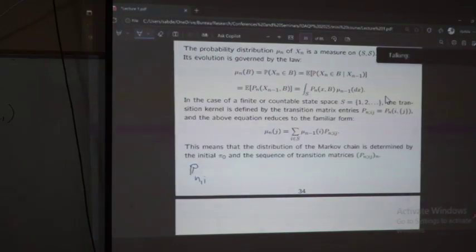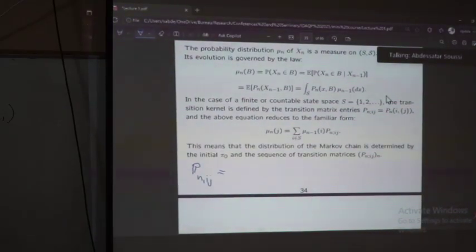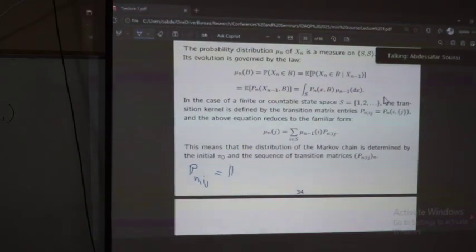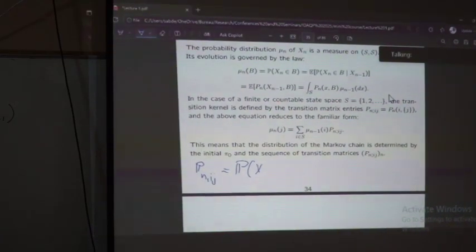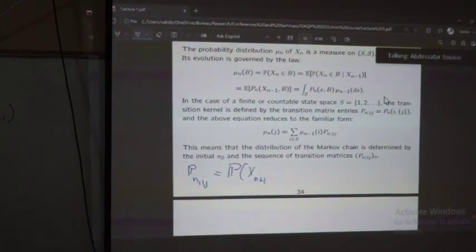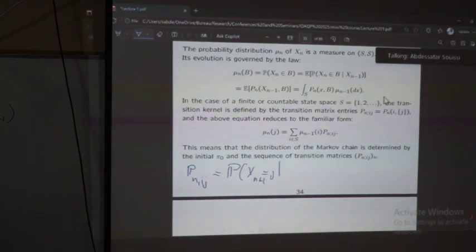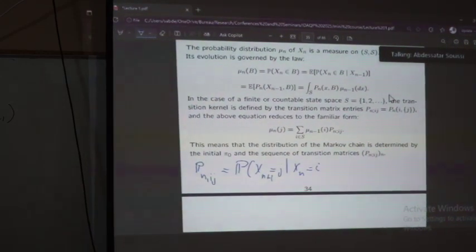The entry P_ij is simply the probability of Xn plus 1 equals j given Xn equals i.